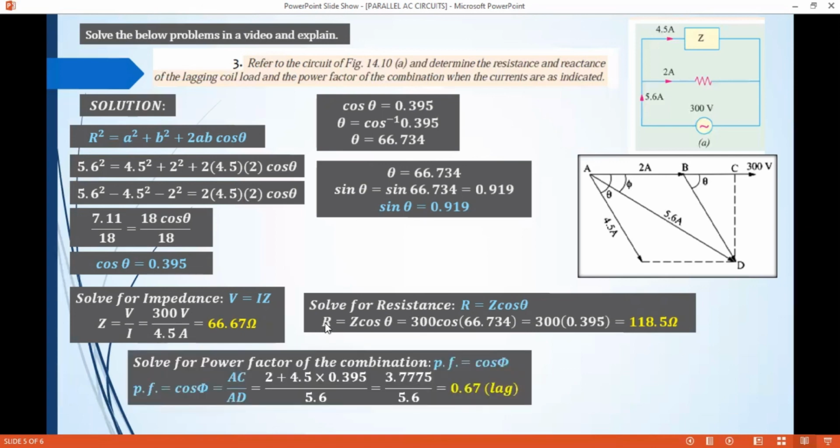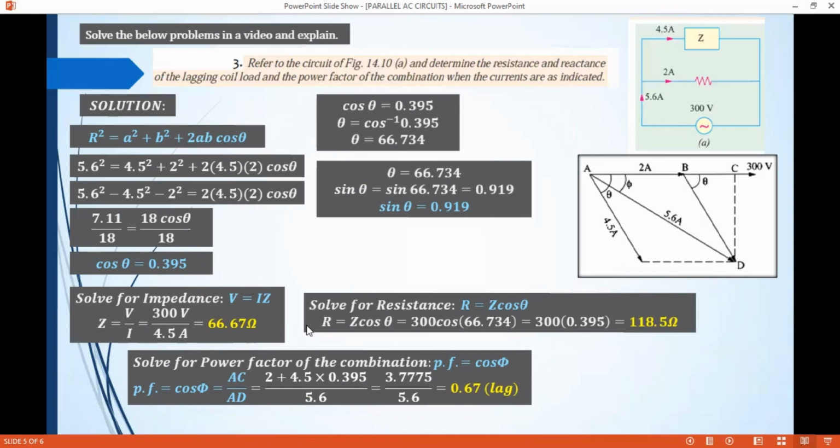And lastly, for the power factor of the combination, we have PF is equal to cosine phi. Since phi is in this diagram, we have AC and AD.